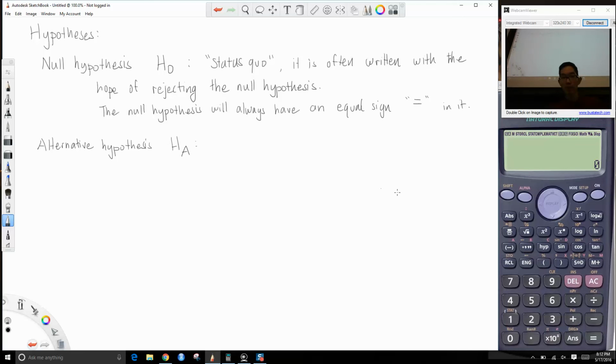It's going to be identical to the null hypothesis, except the equal sign is replaced with either not equal, or a greater than, or less than.